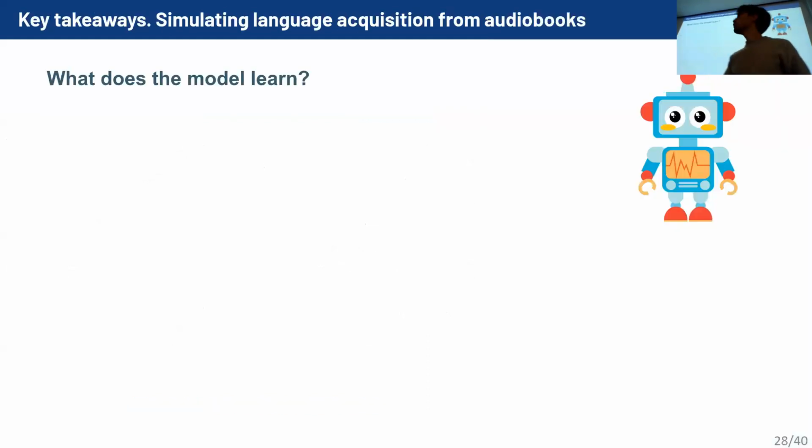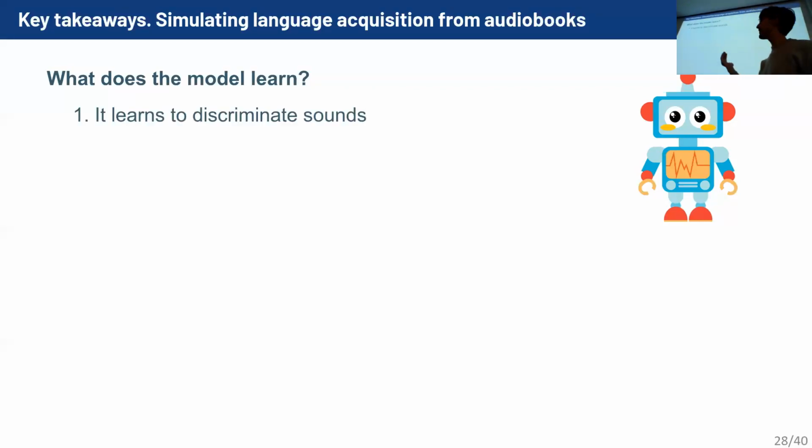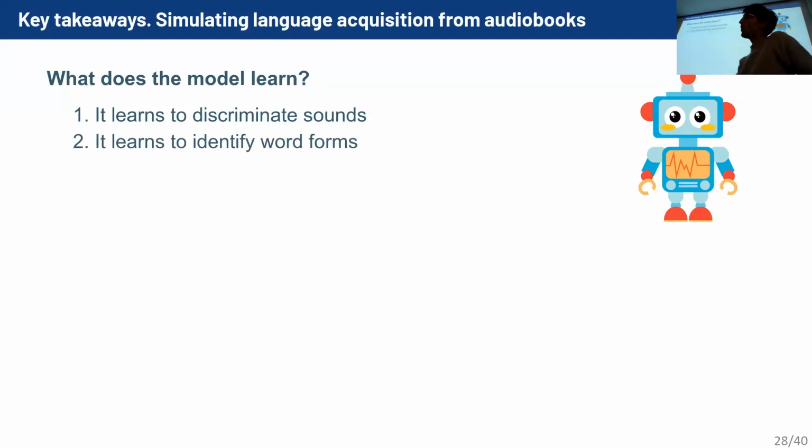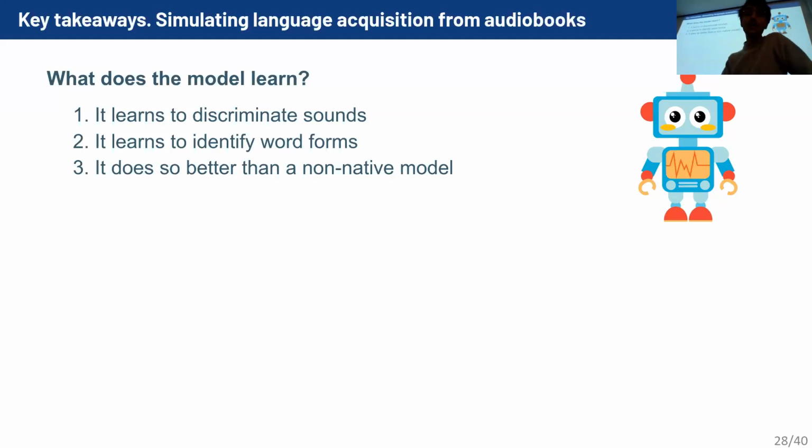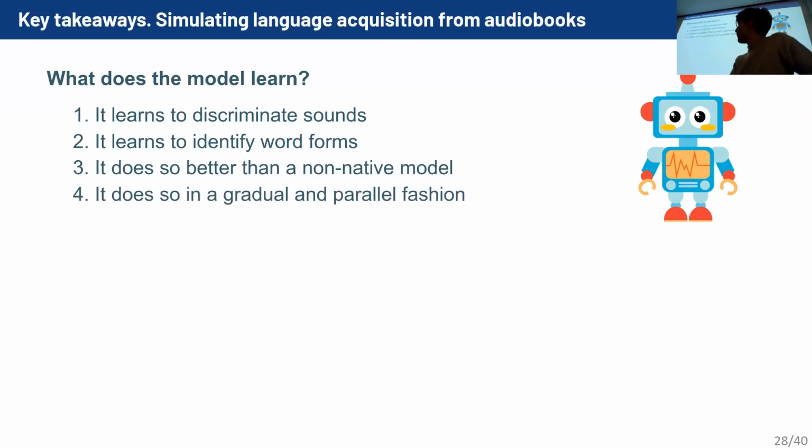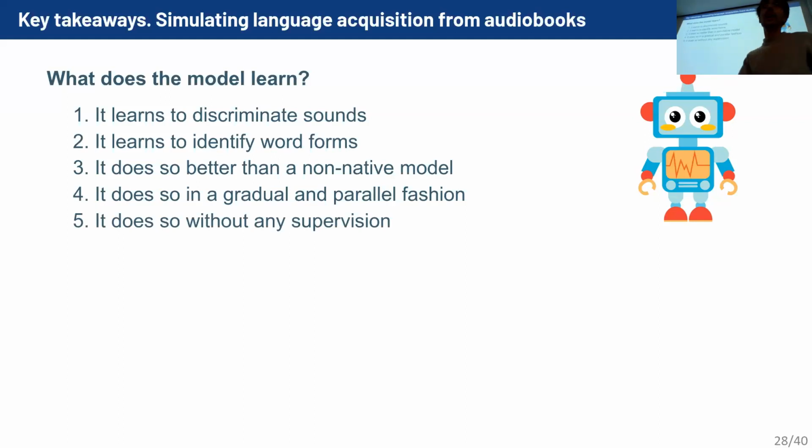All right, so to conclude on this first modeling study, we have a model that learns to discriminate sound. It learns to identify word forms. It does so better than a non-native model in a gradual and parallel fashion and without any supervision. Our model only receives the speech stream.